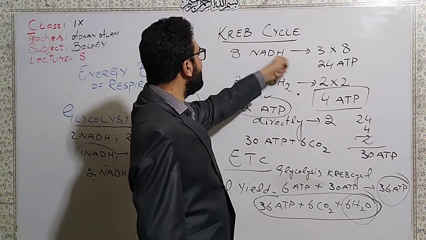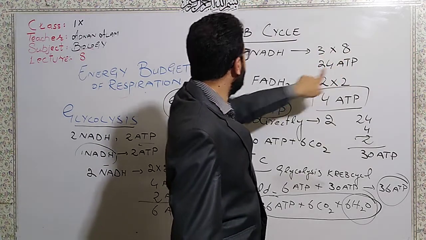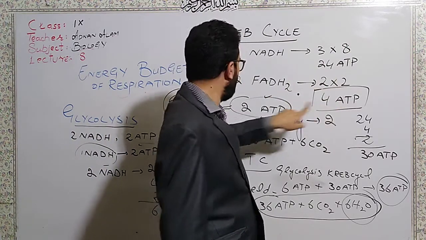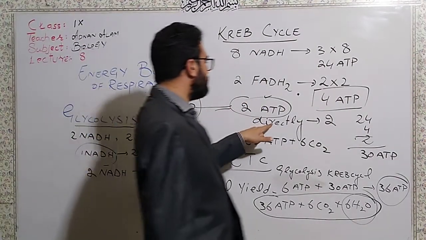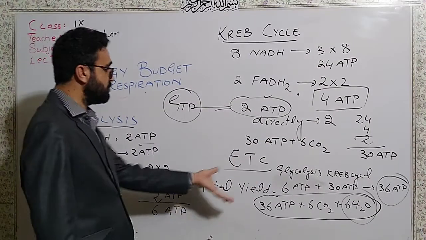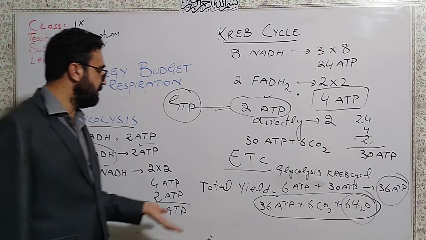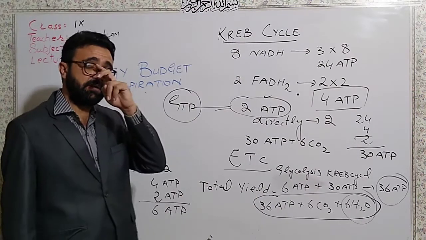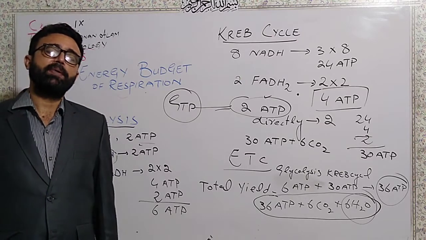In the Krebs cycle, we got 8 NADH, 1 NADH gives us 3 ATPs, multiplied by 8 is 24 ATPs. 2 FADH2 molecules are formed, 2 multiplied by 2, 4 ATPs, and 2 ATPs are directly formed in the Krebs cycle. So the total number of ATPs is 30 plus 6, so 36 ATPs. Along with that, 6 molecules of carbon dioxide are yielded in the Krebs cycle, and 6 water molecules finally in the electron transport chain. So this is all about the energy budget of aerobic respiration.